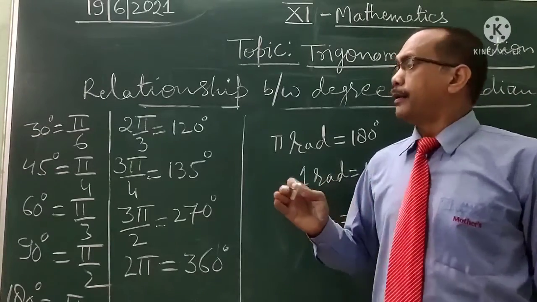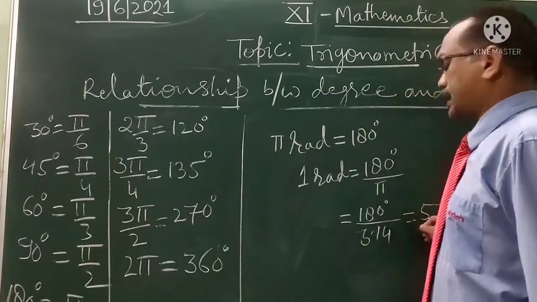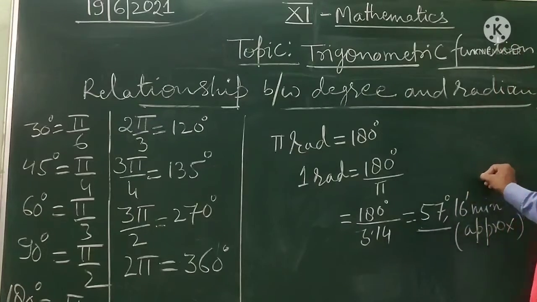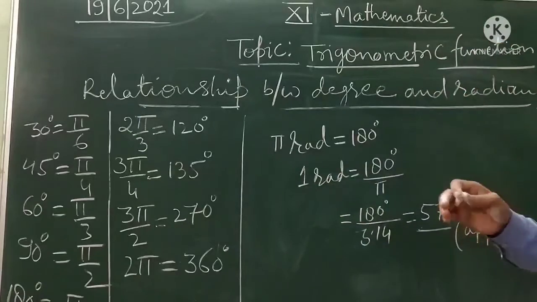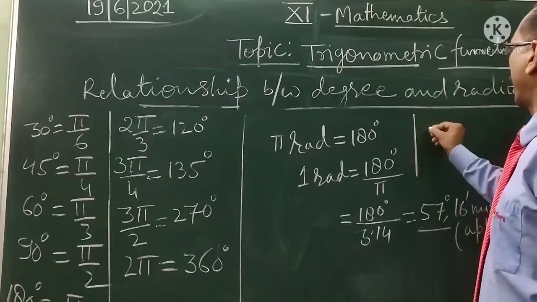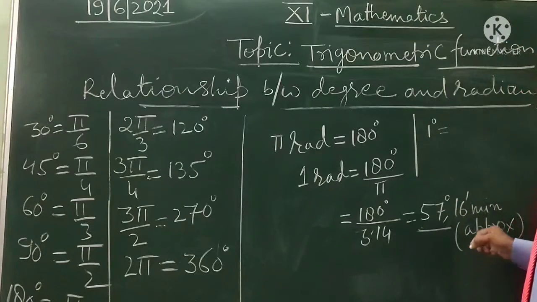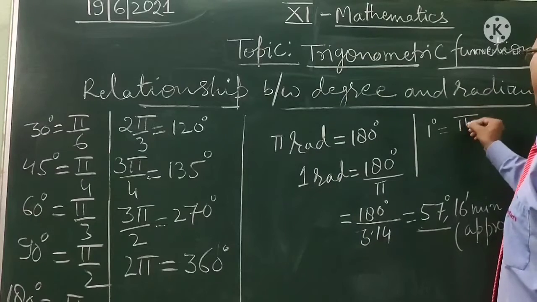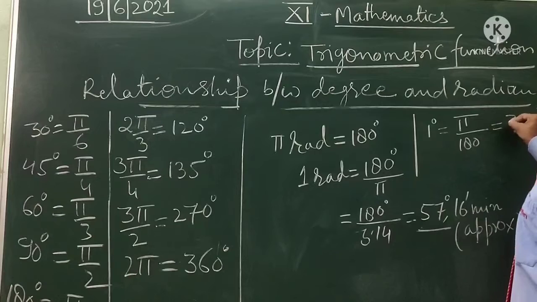If we measure the angle in radian, it is not a small angle; it is about 57 degree and 16 minutes. And degree is a small angle. 1 degree is very small. It is pi upon 180, and the value of pi is 3.14 divided by 180.